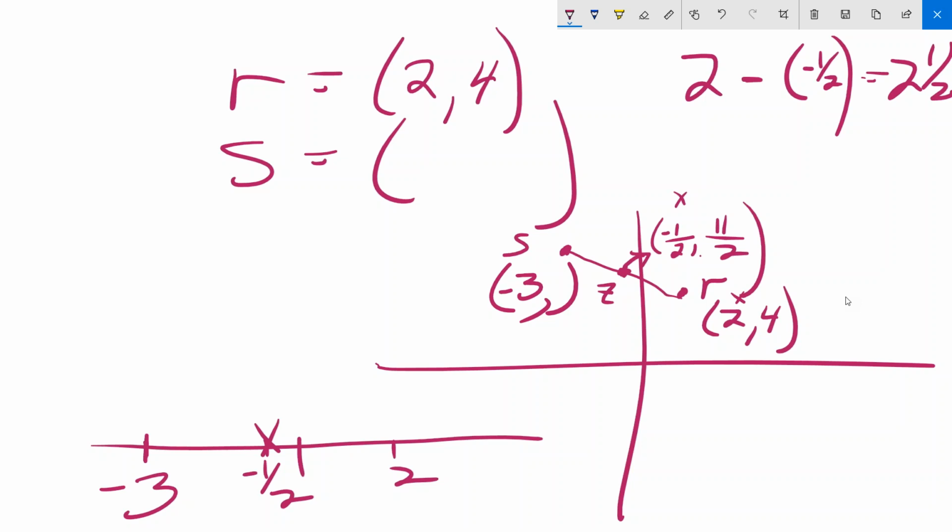How much further above is it? No, you're taking 11.5 minus 4. How much is that? In other words, 11.5, or 11 halves, is higher than 4, right? Yeah. Okay, how much higher?